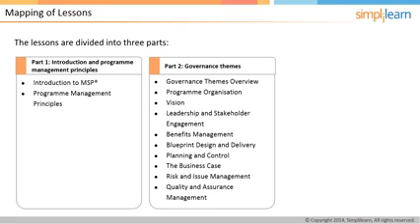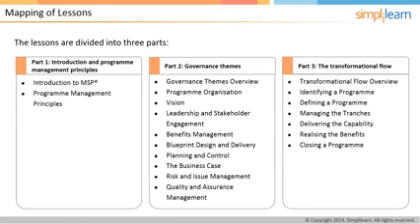These themes include program organization, vision, leadership and stakeholder engagement, benefits management, blueprint design and delivery, planning and control, the business case, risk and issue management, and quality and assurance management. We will study the importance of these themes in the MSP framework. Part 3. Transformational Flow.